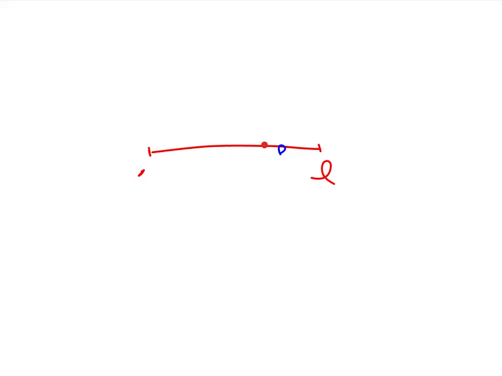The place of the point in this line segment is a random variable. If we call this random variable x, it determines the place of this blue point in this red line segment. Is x continuous or discrete?